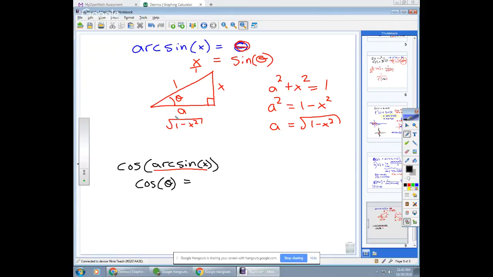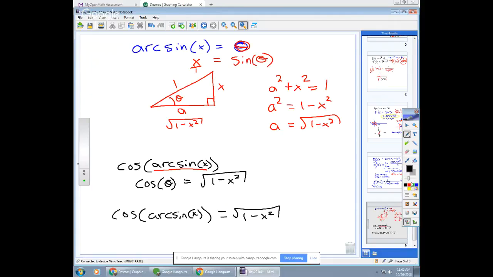Based on this triangle, what is the cosine of theta? It is the square root of 1 minus x squared, because the cosine of this theta is adjacent over hypotenuse. So we have just determined that the cosine of the arcsine of x is equal to the square root of 1 minus x squared.